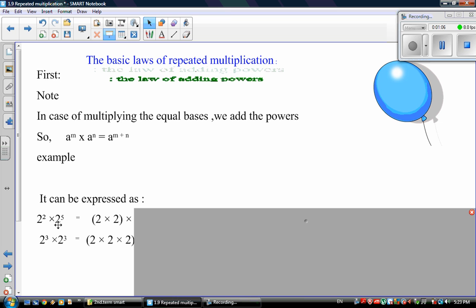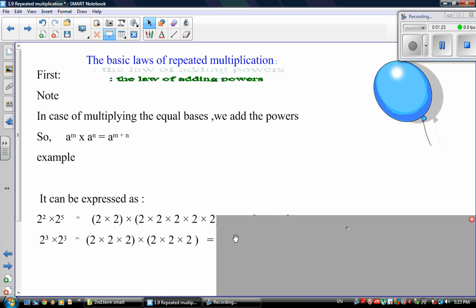The other number is 2 to the power 5, so we multiply 2 by itself 5 times: 1, 2, 3, 4, 5. Let's count how many 2's we have: 1, 2, 3, 4, 5, 6, 7. So we can write it as 2 to the power 7.